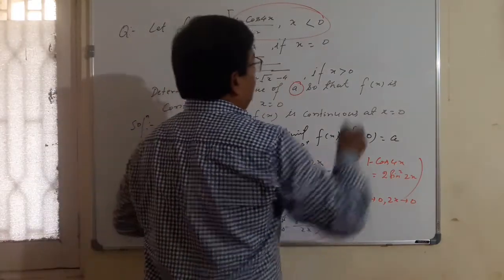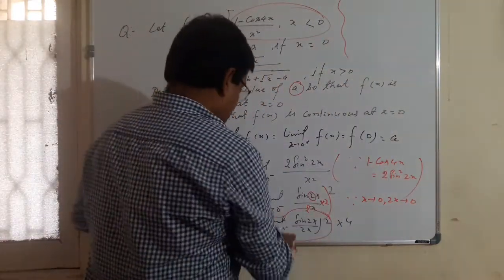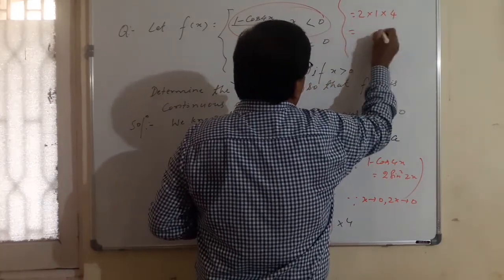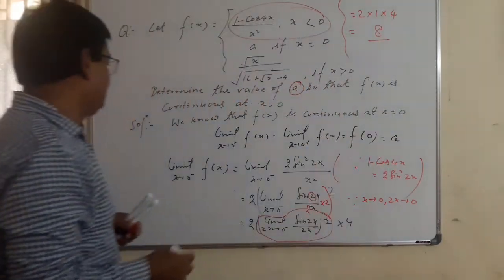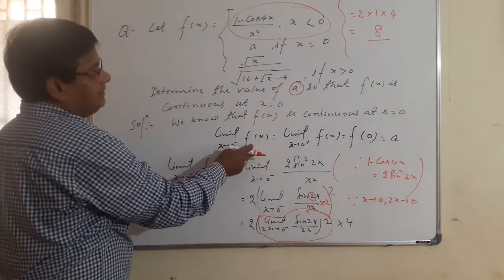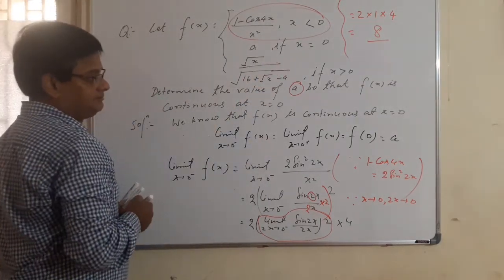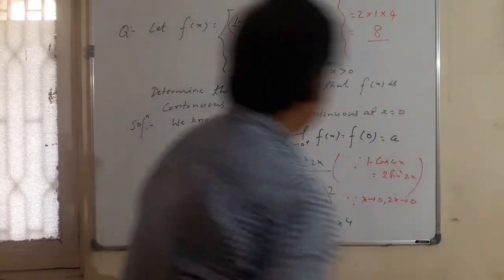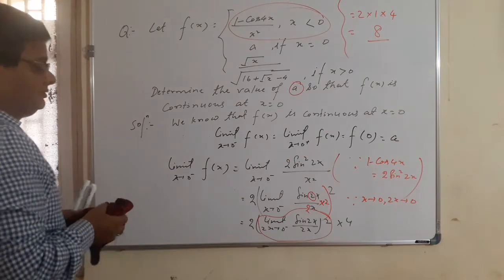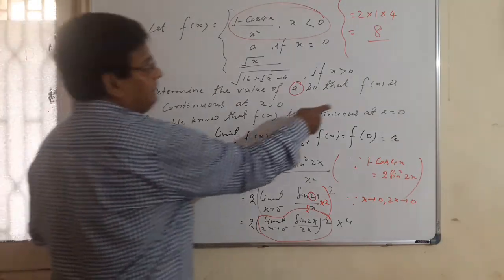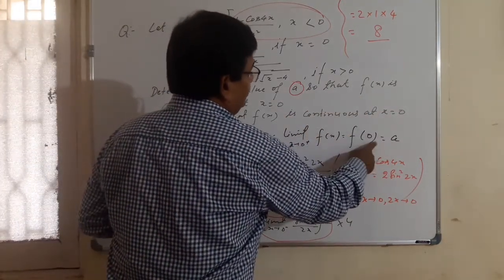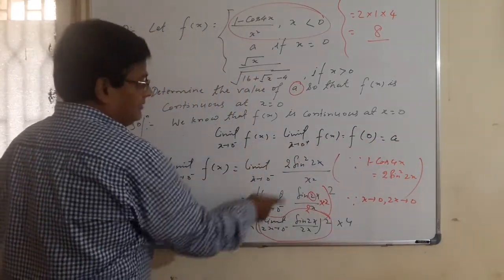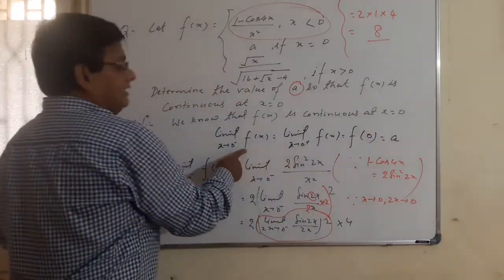So we can write here 2 into 1 into 4 is equal to 8. So your left hand limit is equal to 8. If you want, you can find out right hand limit also. So f(0) is equal to a and left hand limit is 8.